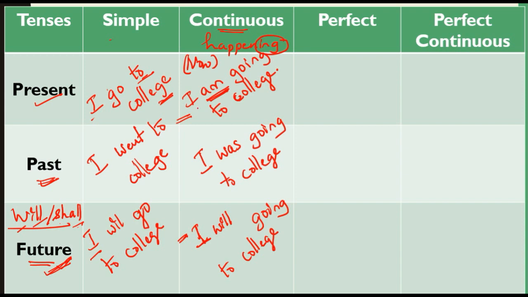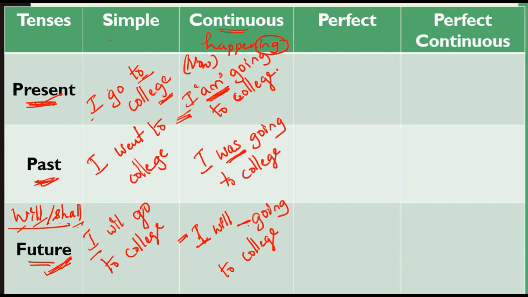But look at the sentence in present tense. It says, I am going to college. Unfortunately, the helping verb am cannot be used in future. It is exclusively used in present tense. Like how was is exclusively used in past, am is exclusively used in present. So keeping those factors in mind, it is next to impossible to use the word am in future.